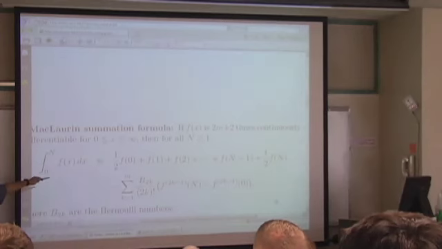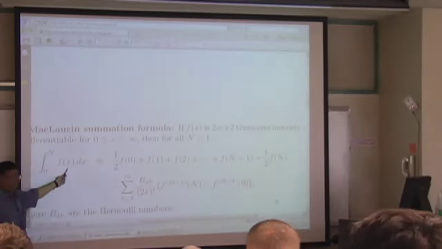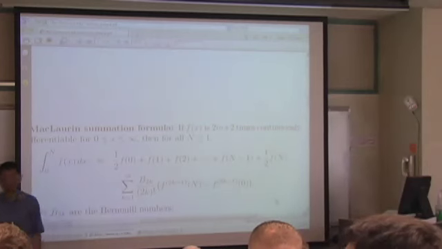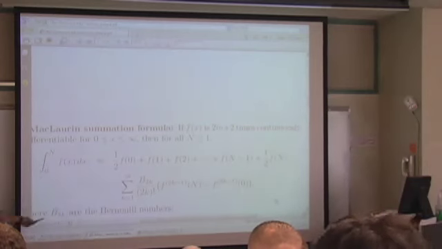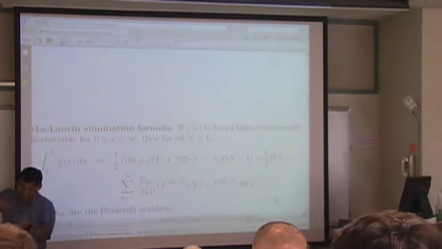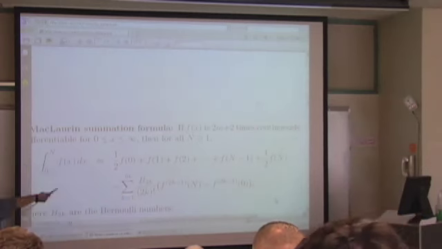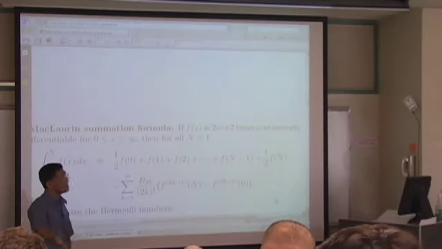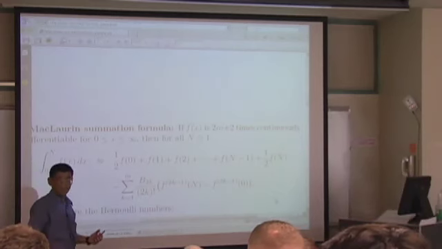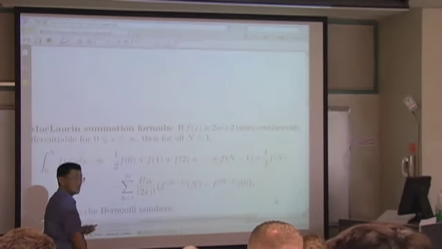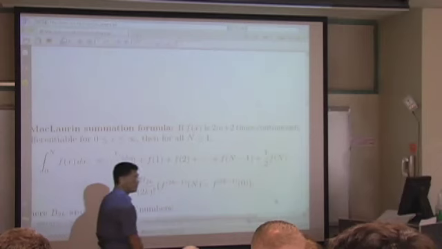Then that will be very close to the solution, and that is adjusted by this strange factor coming from number theory. These B2K are called Bernoulli numbers, which have a table. I'm just giving you a possible approach for when you study something like earth science and need to integrate over a huge interval. Then you can use this kind of approach.